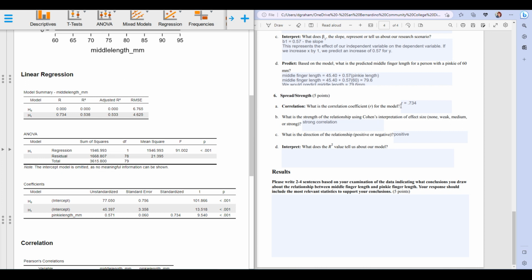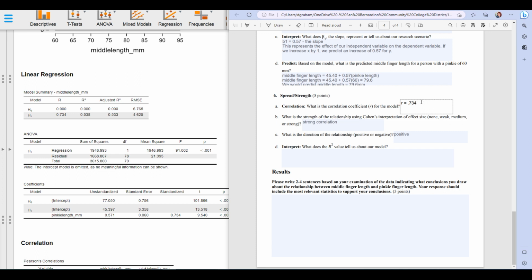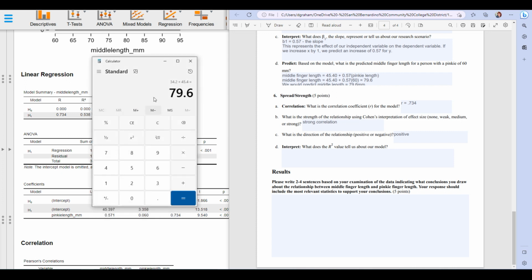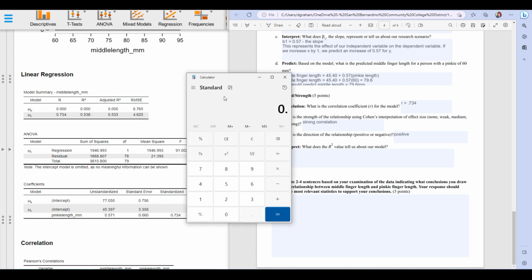Did we just see that? Yep, R is 0.734. It's the same R in this case because we only have one independent variable. It's just the correlation. The R squared is, well, let's take that 0.734 and multiply it by itself, and we get 0.538, which is exactly what we see right here, 0.538.